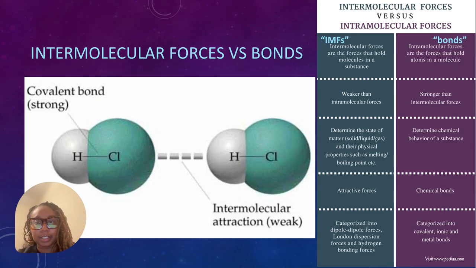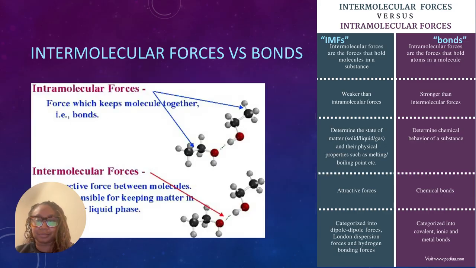If we look at it like this, the intermolecular attraction between these two molecules is going to be weaker than the intramolecular bond between the hydrogen and the chlorine, because it's a covalent bond that can sometimes be seen as ionic. It can be a little more complicated, but that's the general idea.